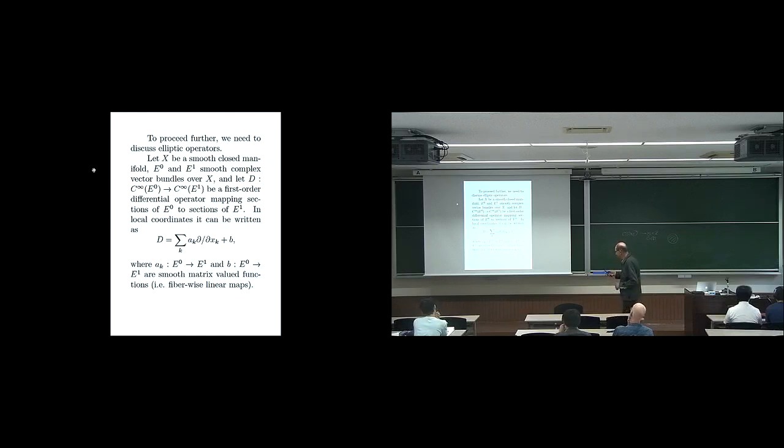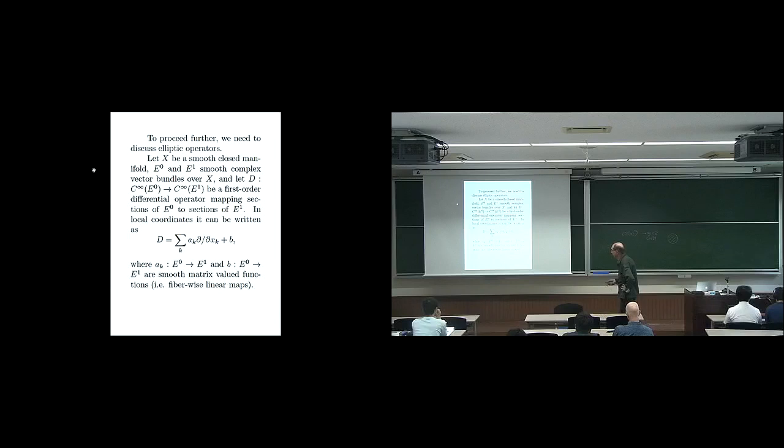So these A_k are matrices, and you take a certain matrix depending on the point. A_k are functions of the point of a manifold, and these are derivatives on coordinates of your manifold.